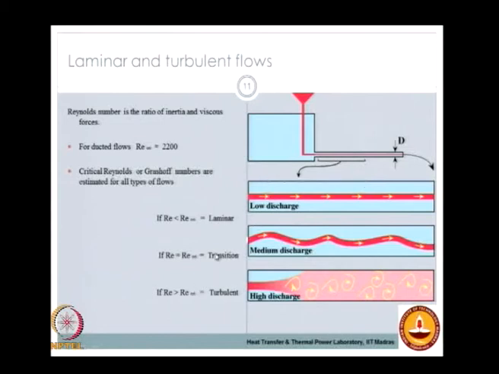Once the Reynolds number approaches the critical value of 2200, there were instabilities in the fluid which made the dye pattern a little irregular, marking the transition of the flow from laminar towards the turbulent regime.